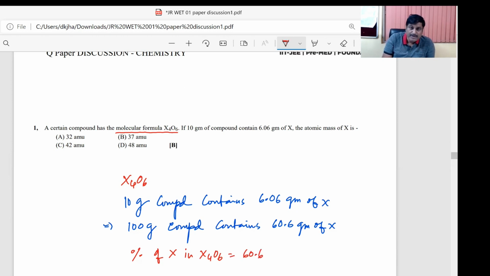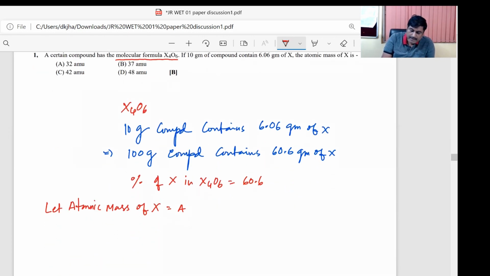Let the atomic mass of X be A. Then the percent of X is equal to 4A divided by total weight.